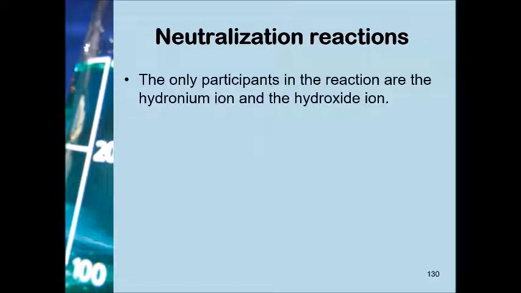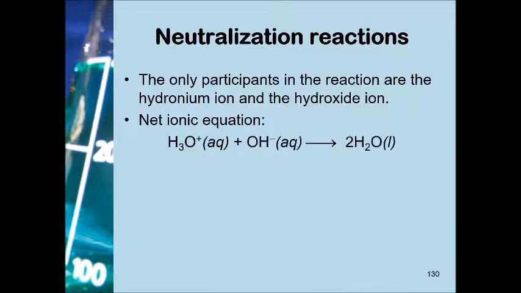And the only participants in the actual reaction are the hydronium ions and the hydroxide ions that find each other to form the water. So if I take out the spectator ions, all I will have left is this, the hydronium ion reacting with the hydroxide ion to form a water molecule. And notice it'll form 2 of them, because on the left side I have 3 hydrogens in hydronium and 1 in hydroxide for a total of 4.